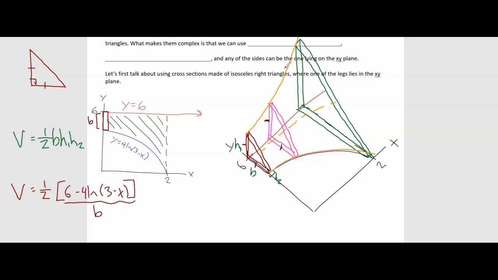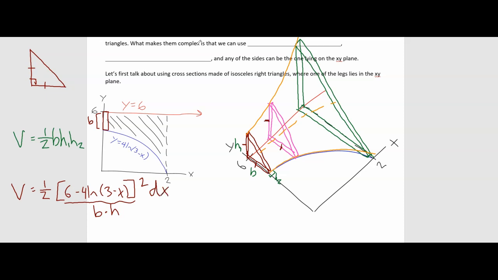H1 is the same as B, because these are isosceles right triangles. So we can just square this, and this becomes B times H. Now we still need our H2, but that's just our dx.